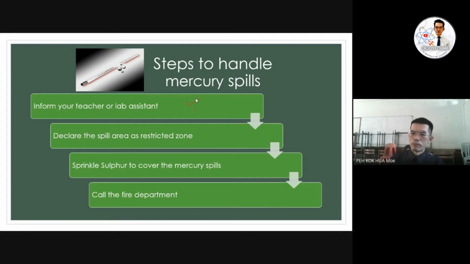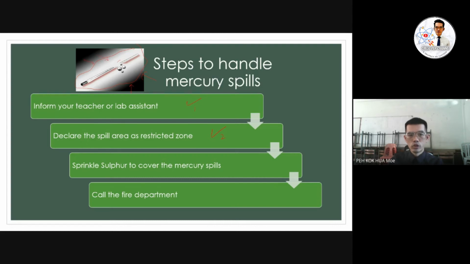So these 2 steps are the same as when you handle a chemical spill. You can look at the figure where someone is handling a thermometer and it accidentally breaks. You can see the liquid mercury coming straight out from the thermometer. So you have to circle or declare the spill area so that nobody can move into this area.